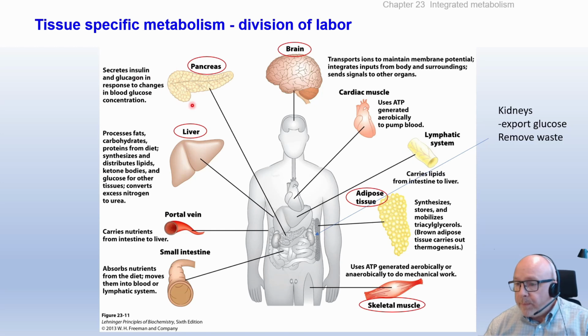We will meet the pancreas, which secretes insulin and glucagon. We will talk about the liver, its many roles. It processes fats, sugars, proteins from the diet, and then it also synthesizes and distributes lipids, ketone bodies, and sugars, again glucose, for other tissues. It's an important function of it.